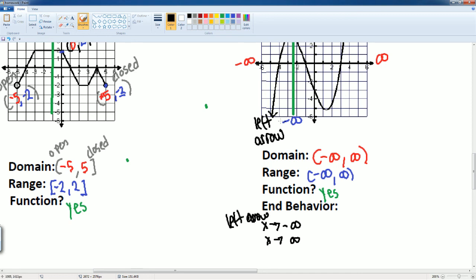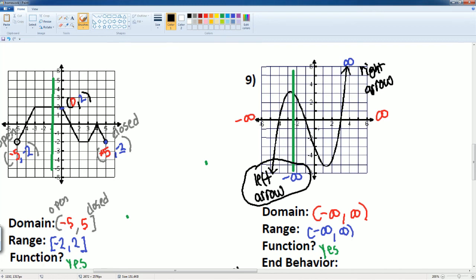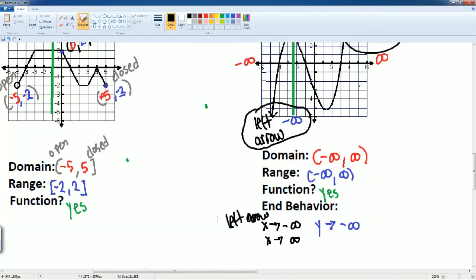And we see that the arrow goes to -infinity, so y goes to -infinity. Then your right arrow, it's right here, goes all the way to what? +infinity. Right arrow goes all the way to +infinity.